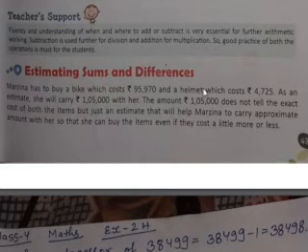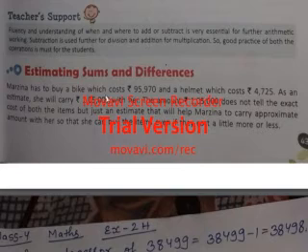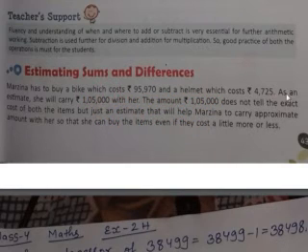So that is estimation. If you see the text over here, you can see Margina has to buy a bike which costs rupees 95,970 and a helmet which costs rupees 4,725. As an estimate, she will carry 1,05,000 with her. Now what is said?